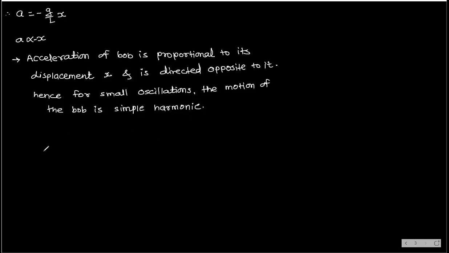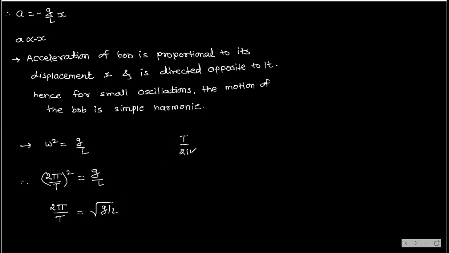Okay, now we already got omega square is equal to g by L, and omega is equal to 2 pi by T, we know. So 2 pi by T whole square is equal to g by L, and therefore 2 pi by T is equal to under root of g by L. Take reciprocal.